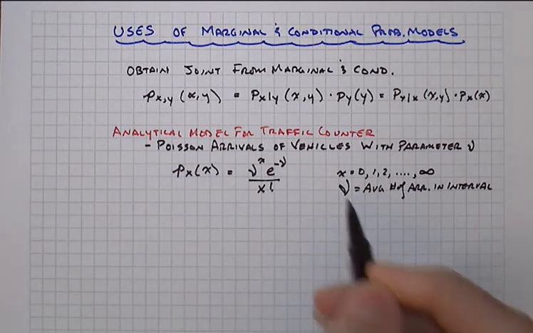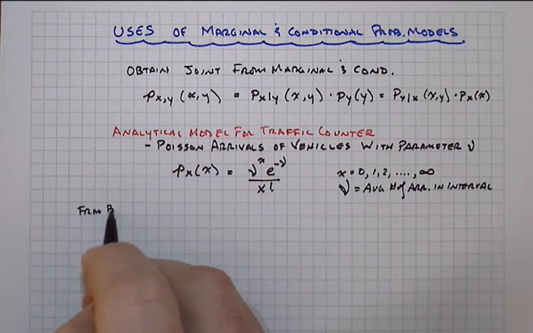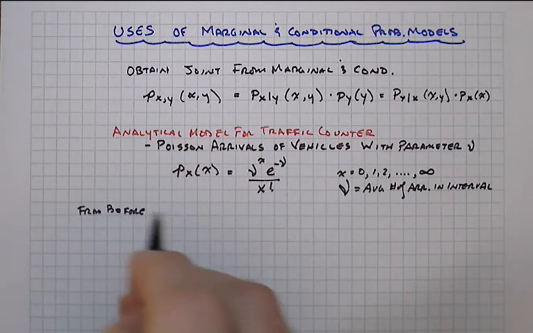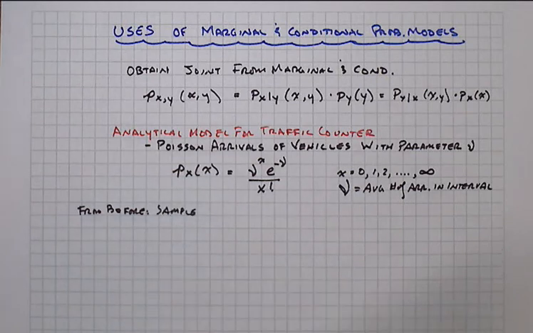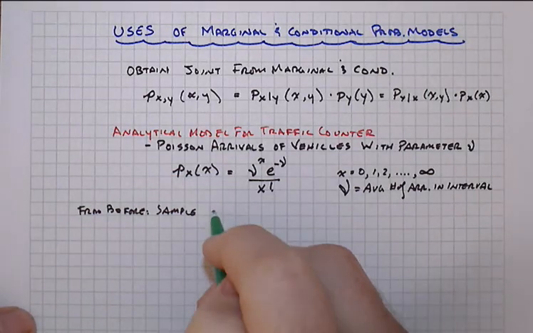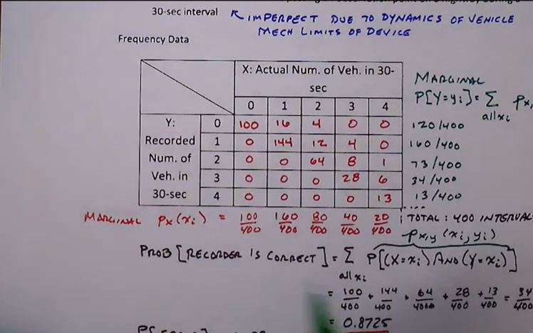So from before, in our sample, we had our x bar, that's our sample mean, and if we go back to what we had before.